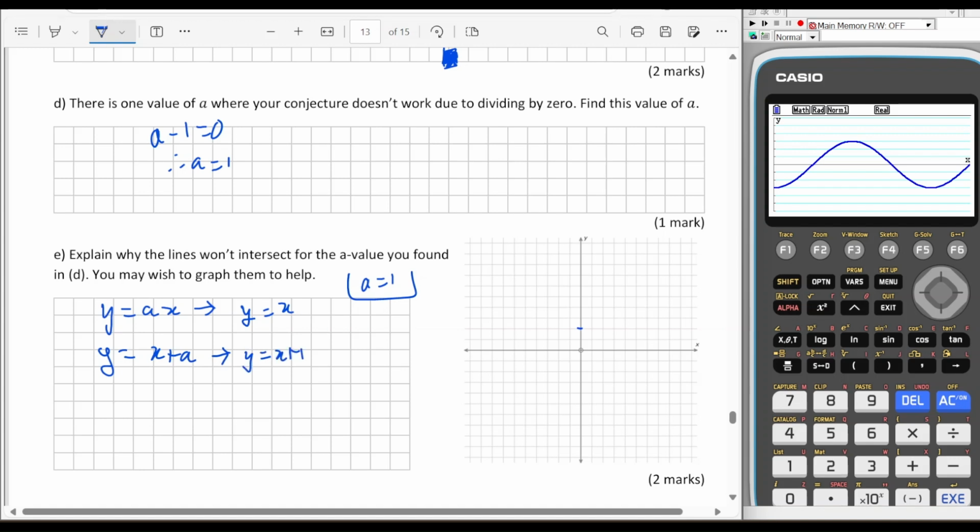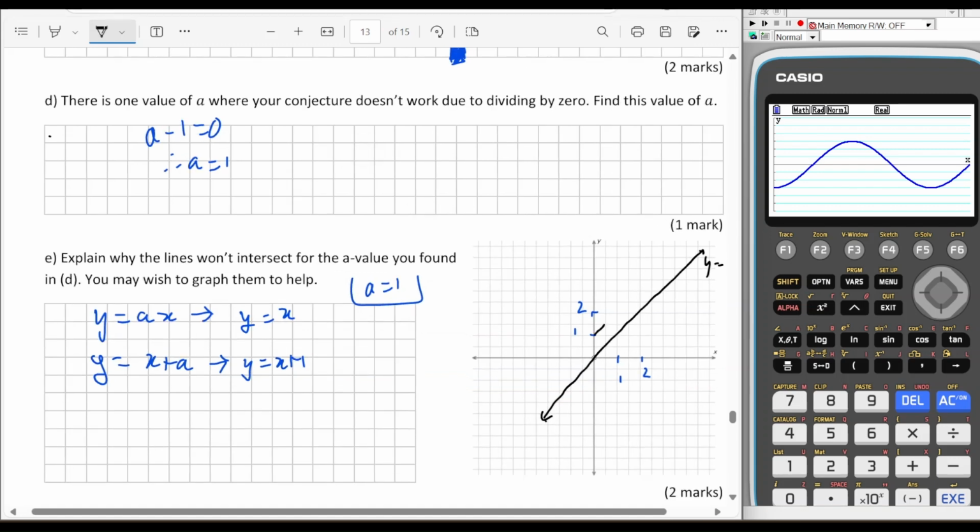And if we look, we can have that as like 1 and 2, 1 and 2. And if we graph both our lines, so the first line is going to be y equals x. And then the second line is going to be y equals x plus 1.